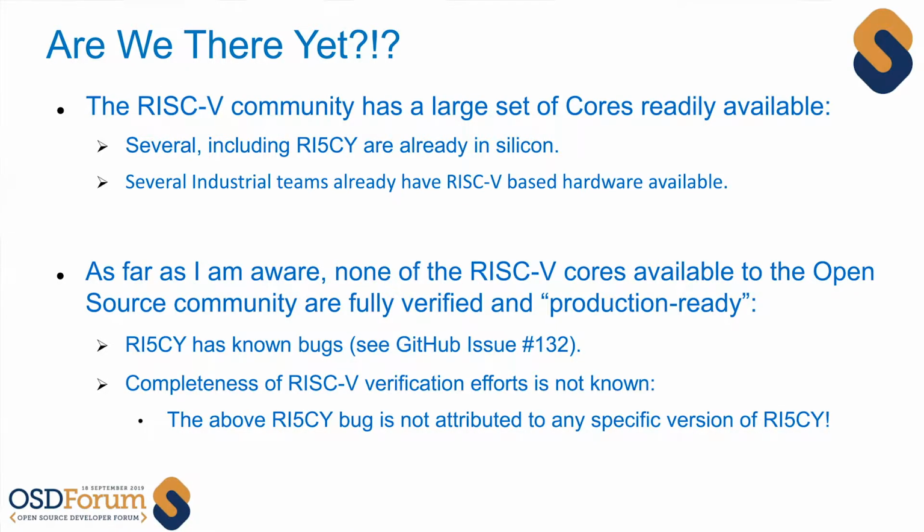The RISC-V core in particular has known bugs. You can go to GitHub and look at it. Issue 132 is the one that I know. The thing that I think should concern us the most is that the completeness of the verification effort for any of these cores is not known. If anybody knows of some completion metrics for any RISC-V core, please come and see me, because I've looked.